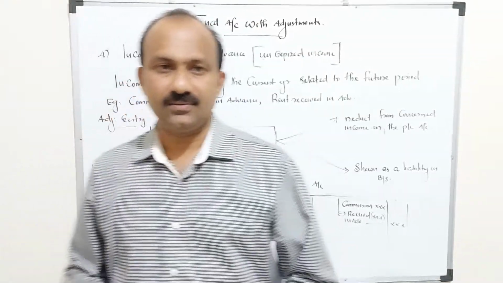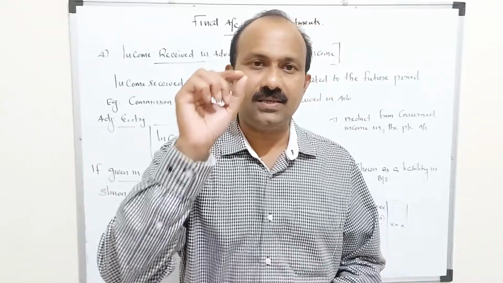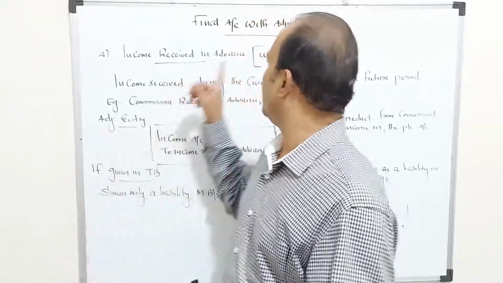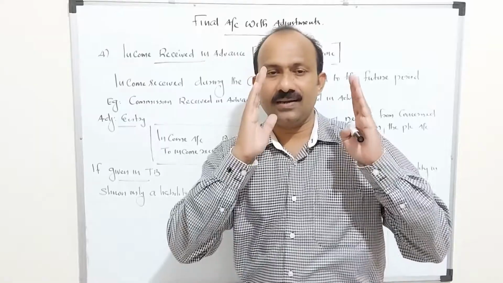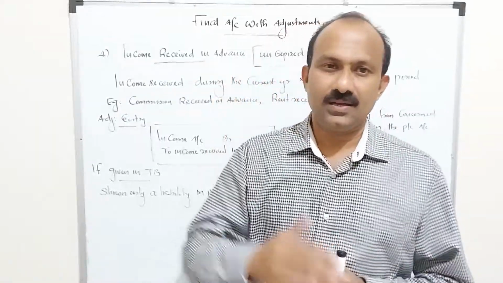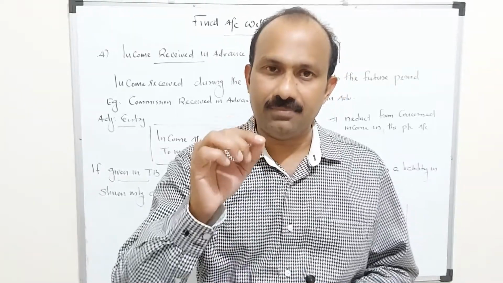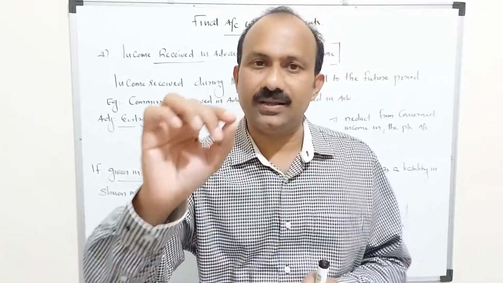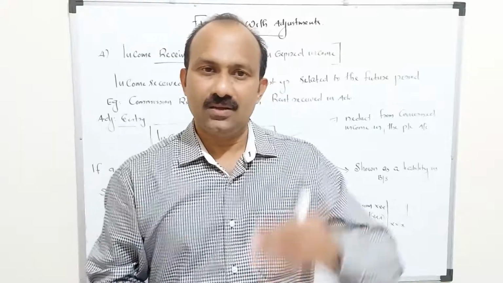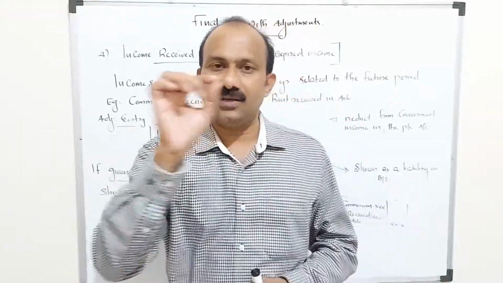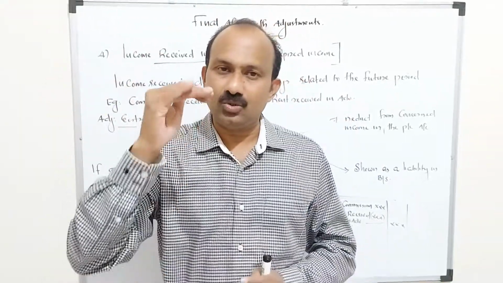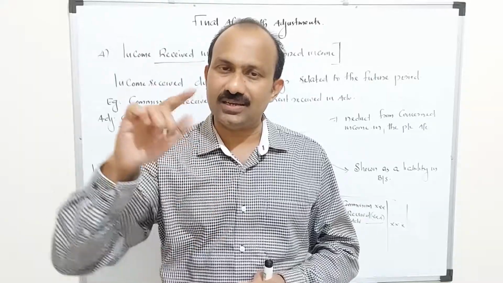Adjustment number 3, income received in advance. It is otherwise known as unexpired income. Some income received during the year may have a portion related to the next year. For example, rent 10,000 you received already, but 2,000 is not related to this year, it is next year.